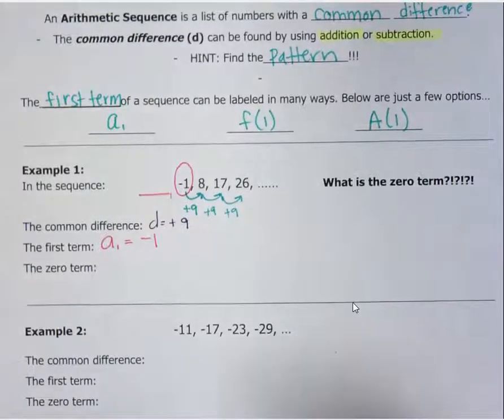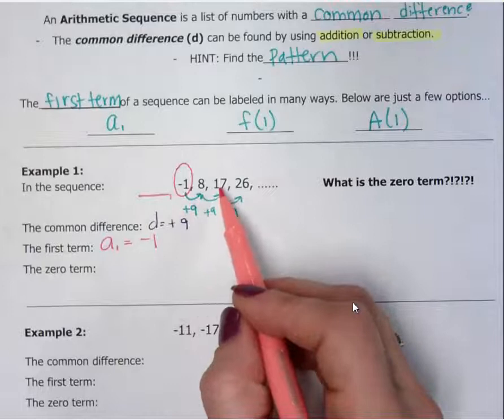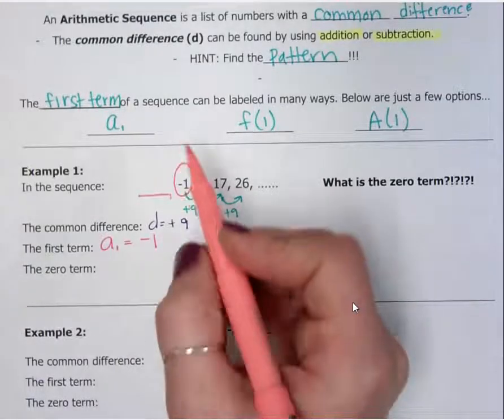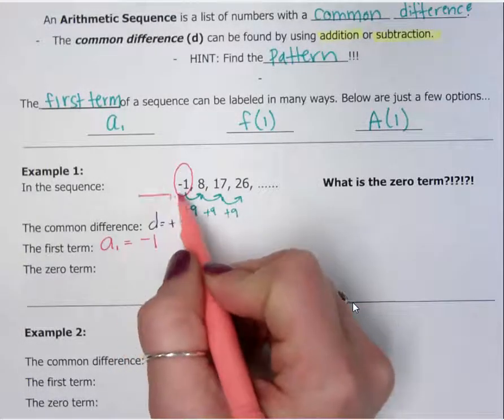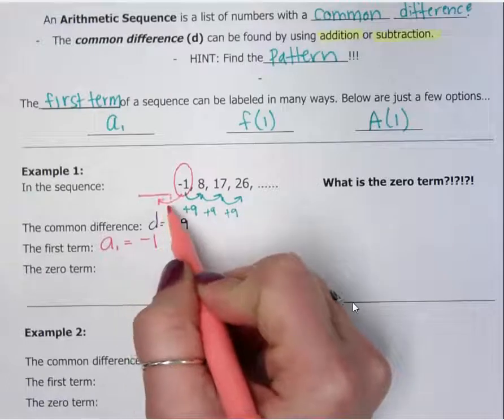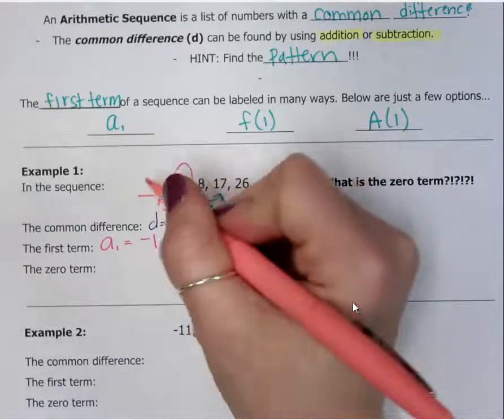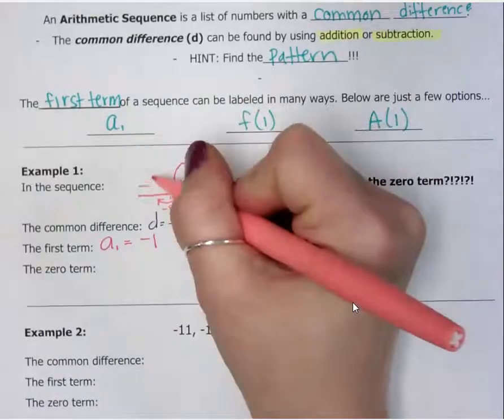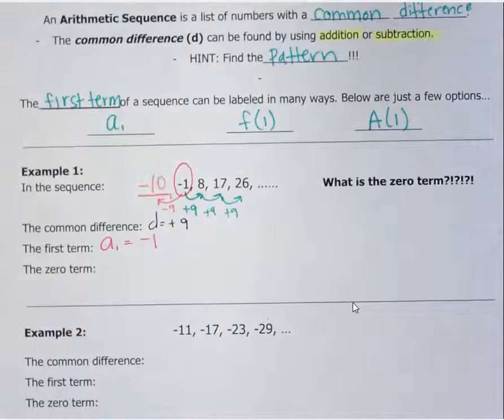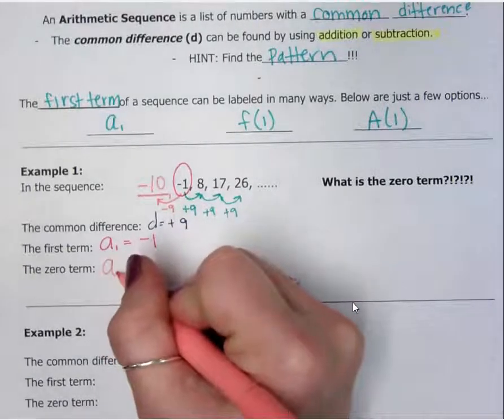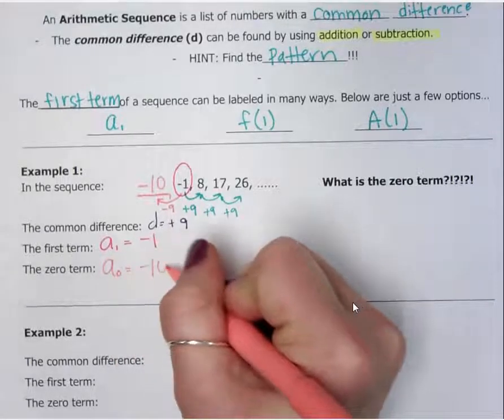So if I added 9 to go this way, if I want to go backwards, instead of adding 9, I should, you're right, I should subtract 9. So -1 minus 9. So it's like I owe $1 and I owe 9 more dollars. Now I owe $10. So the zero term is negative 10. So we would say A sub 0 equals negative 10.